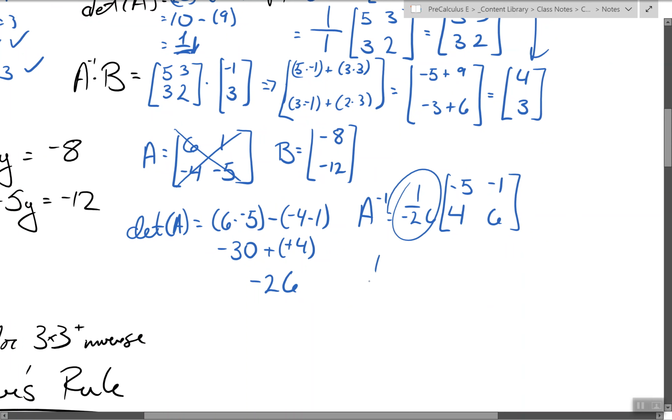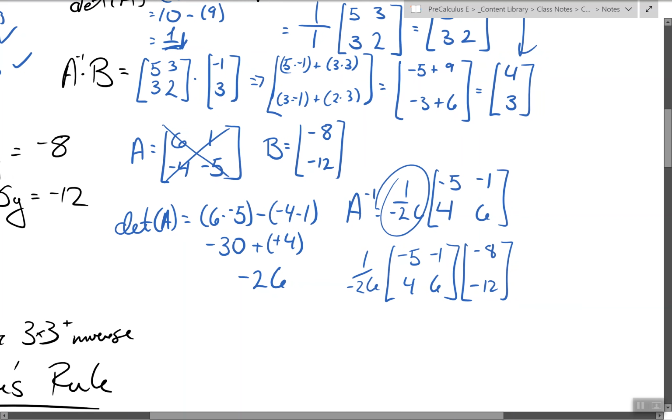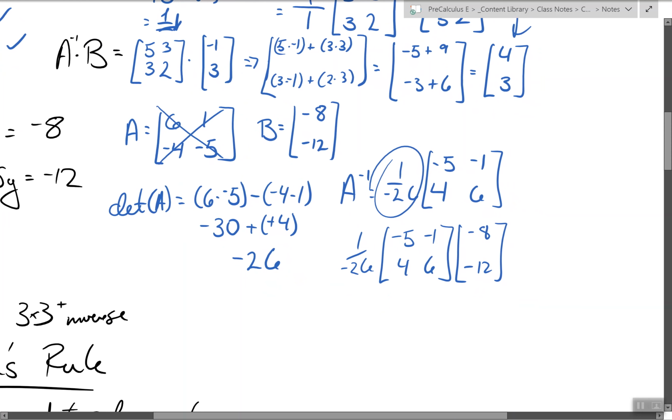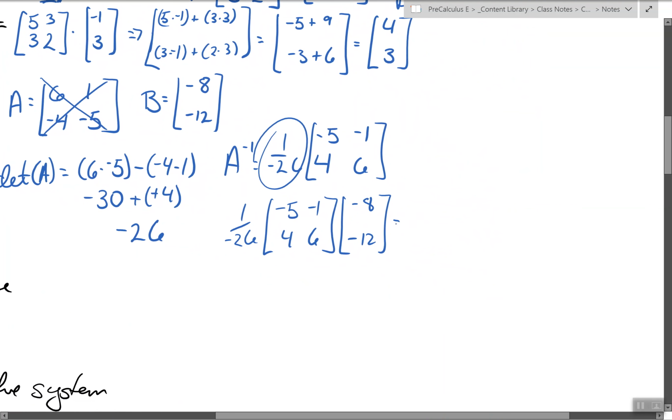So we can do 1 over -26 of that matrix A, -5, -1, 4, 6, and multiply that to column B, -8, -12, and then we can bring this back in at the very end. So that's what I'm going to do. I'm going to hold off on that until the very end and see what happens with our multiplication first. So this is just tagging along for the ride right now.